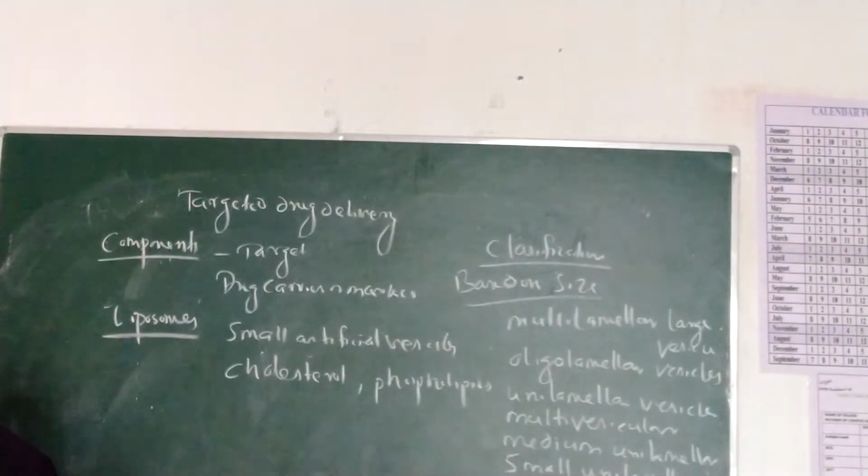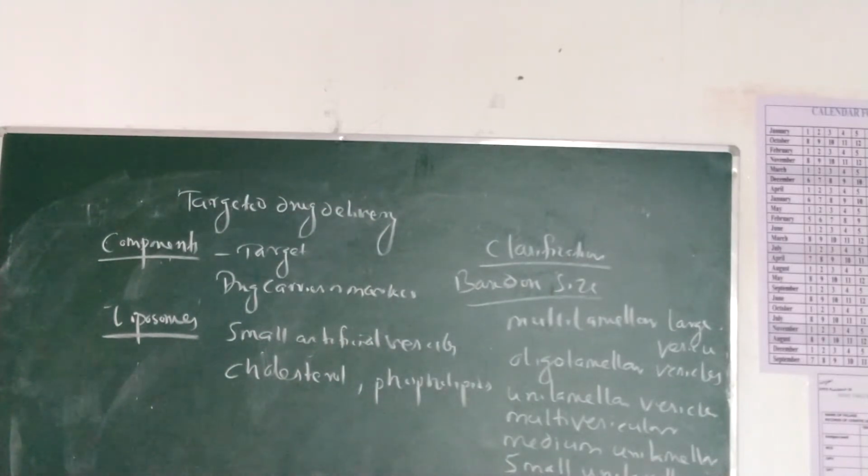The phospholipids we take should be non-toxic, and the size of the liposome ranges from 0.01 to 5 micrometers in diameter. Due to their size and hydrophobic and hydrophilic character, these are very promising drug delivery systems nowadays.